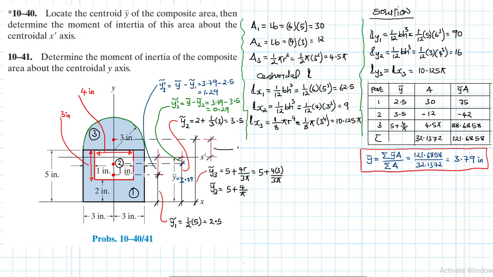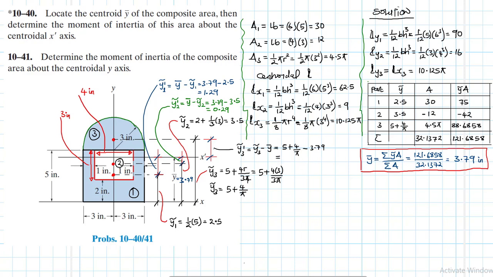And then finally, we have this one. So this one is y prime caret 3, which is equal to y bar minus y3 caret. The other one is bigger instead, but we're interested in the modulus, y3 caret minus y bar, which is equal to, because the other one is bigger, 5 plus 4 over pi minus 3.79.